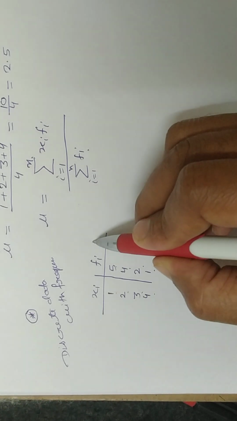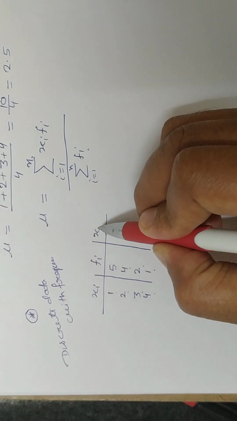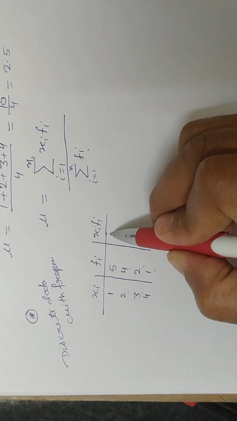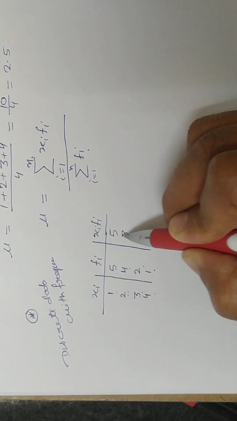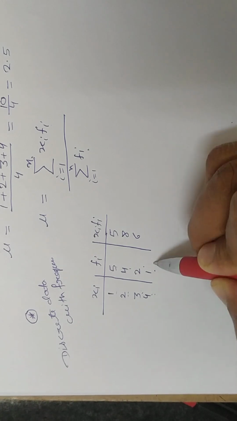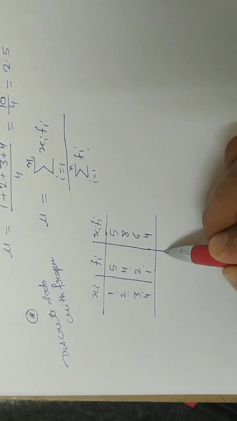Now for finding the answer of this question, first we need to calculate xi fi. Xi and fi, then the multiplication of this is 5, 4 into 2 is 8, this one is 6 and 4. Now find the sum.